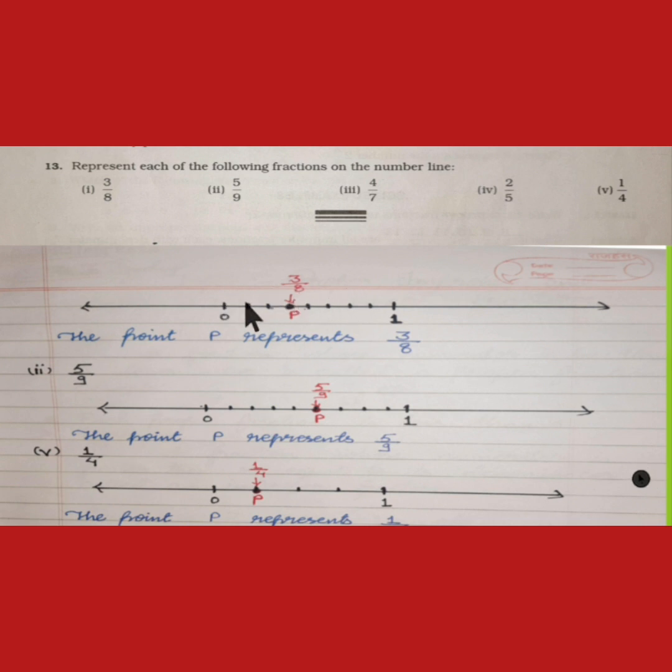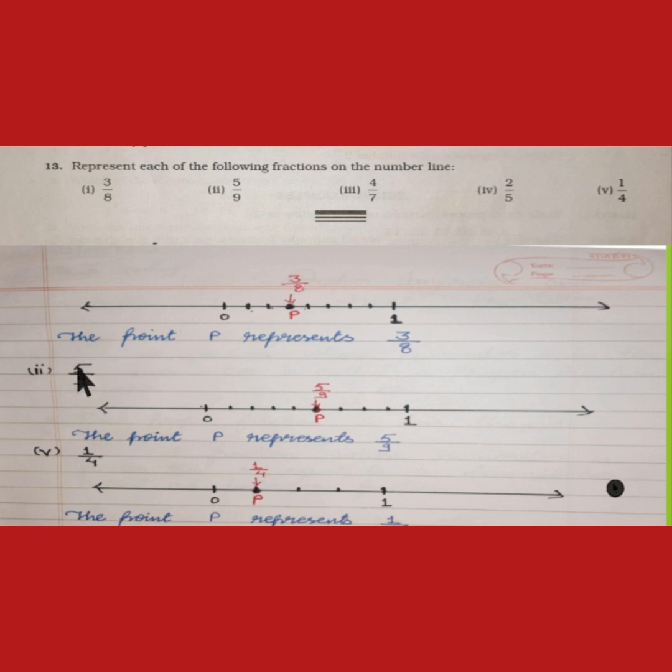So 1, 2, 3, then 4, 5, 6, and then 7. We make 8 equal parts, and then we go to the part given by the numerator. The numerator is 3, so the third part represents 3 upon 8. So 1, 2 and 3. This third point P represents 3 upon 8.